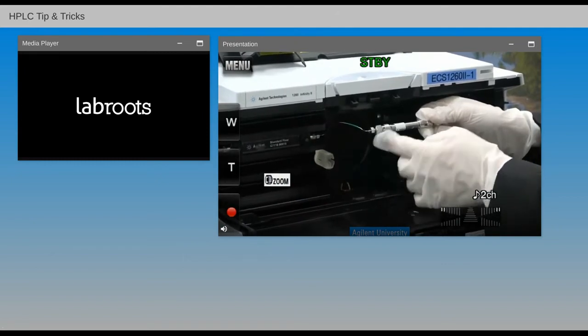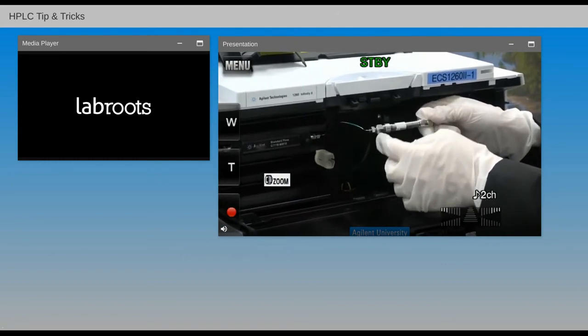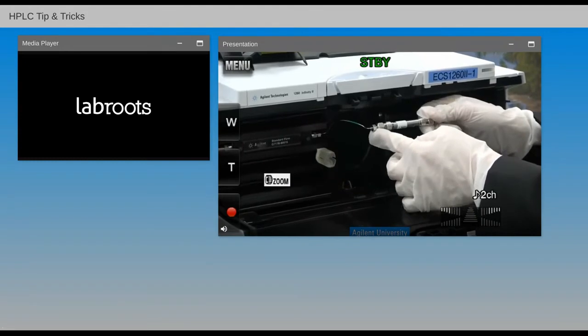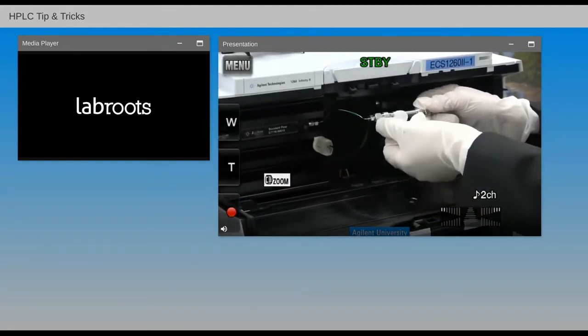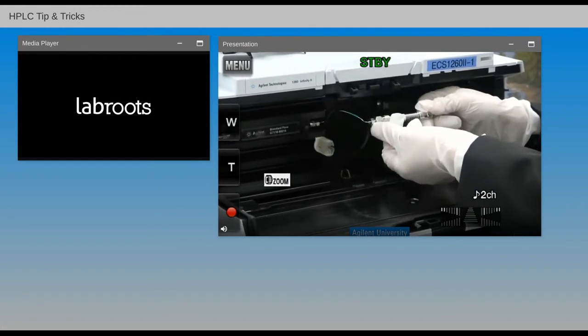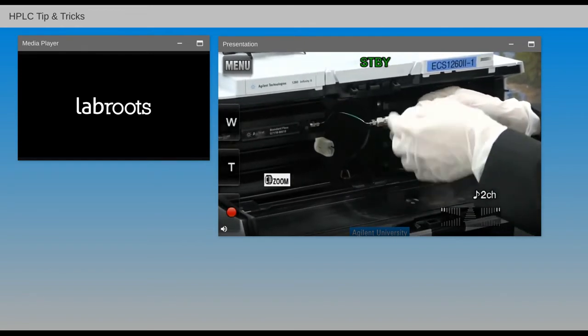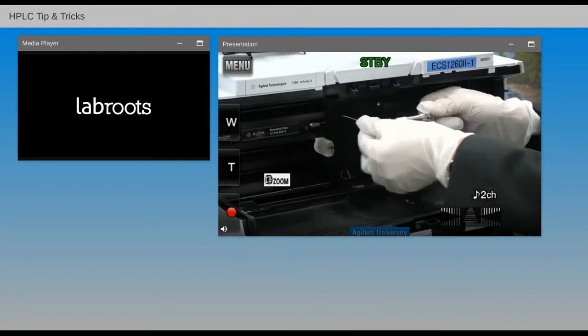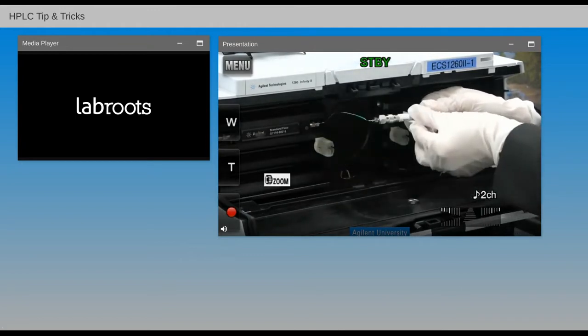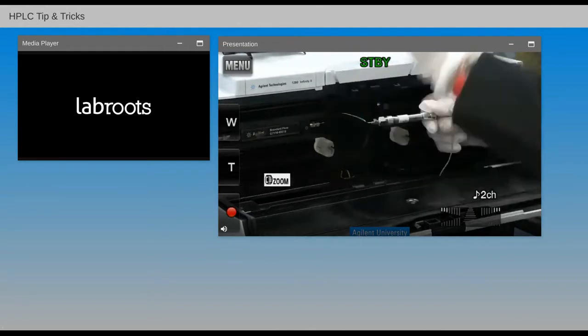But because this frit has a very small pore size, it can also cause back pressure to build up. Imagine when the frit at the head of the column is saturated with particles. The solvent can't flow through properly, and hence you will see high back pressure.